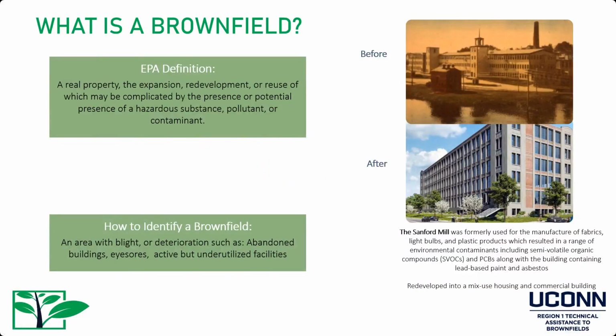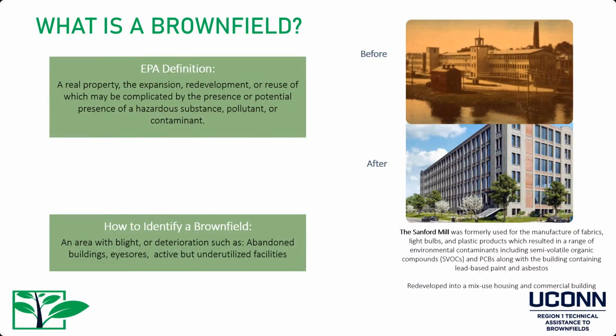So starting with the first, talking about brownfields and identifying them. EPA has a specific definition for brownfields. Some states within New England also have their own definition. Not all of them do, but basically it just adds a couple more defining factors to what the definition actually is.